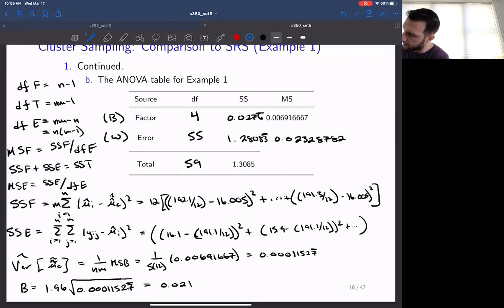Okay, now the last thing that we wanted to do here was part C. So in part C, we want to compute the relative efficiency of our cluster sample to the simple random sampling scheme.